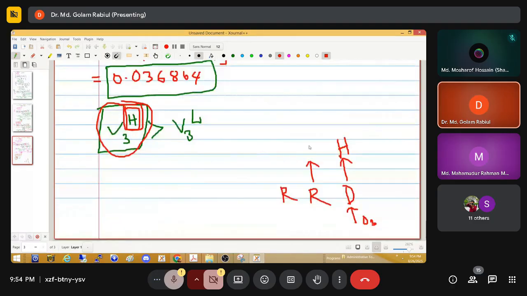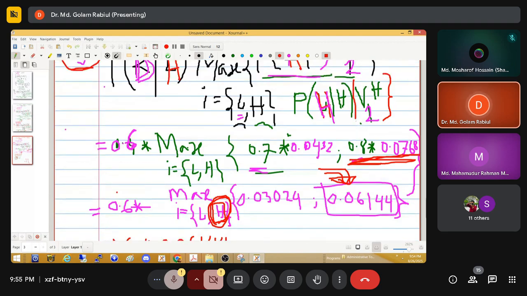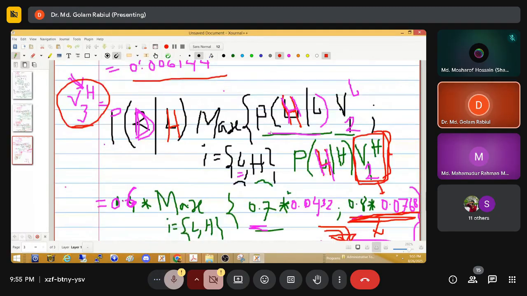So on day 2, you have to consider this. And this one is actually from V2H. That means this value is from V2H, so we have to go back to the V2H.